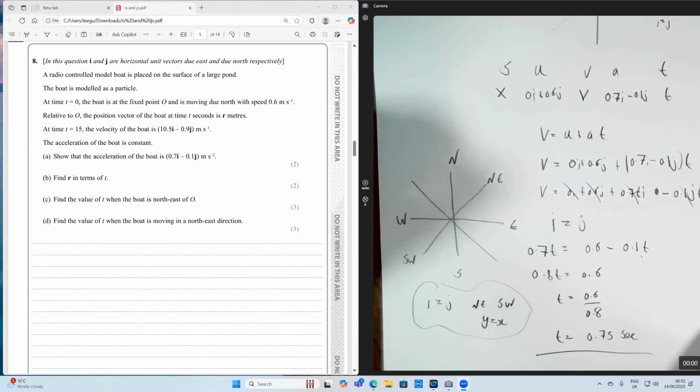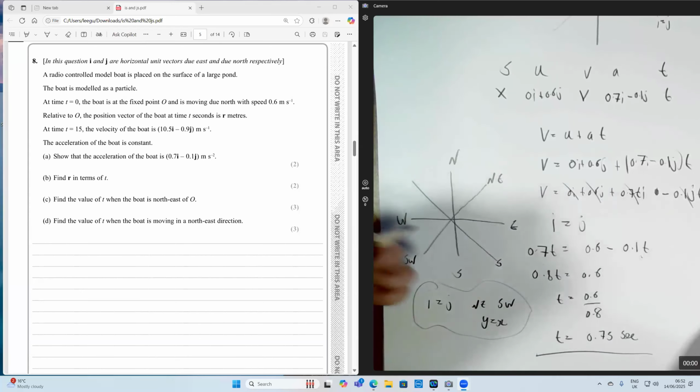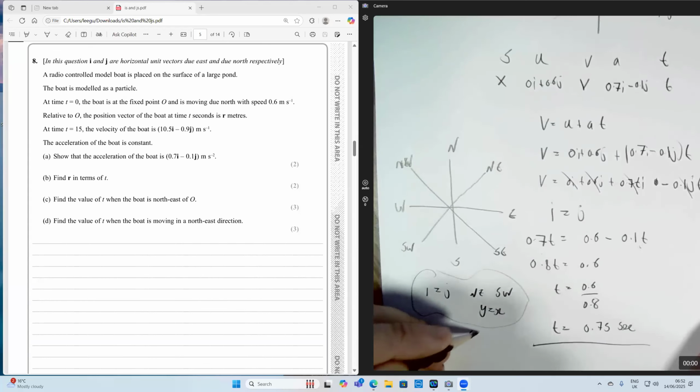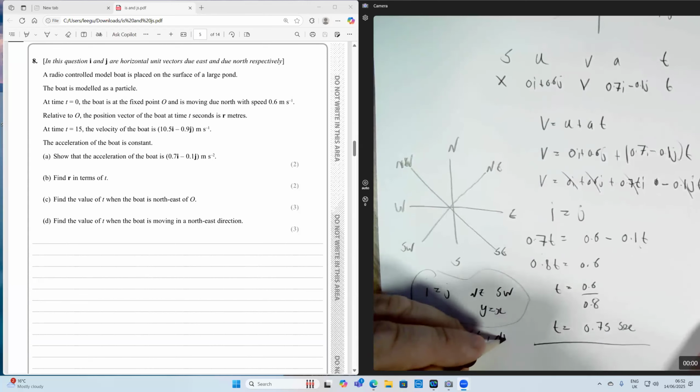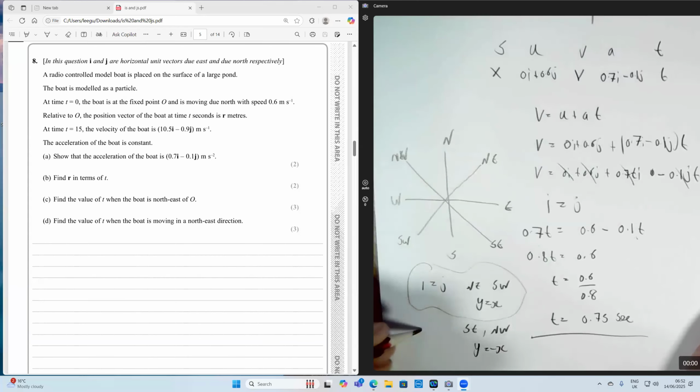However, it does come up, these variants, because they like to mix it up, let's say that they said that the boat was traveling southeast or northwest. Because that lies along the line y equals minus x, we would have set i equal to minus j, or we could have set minus i equal to j. It makes no difference.